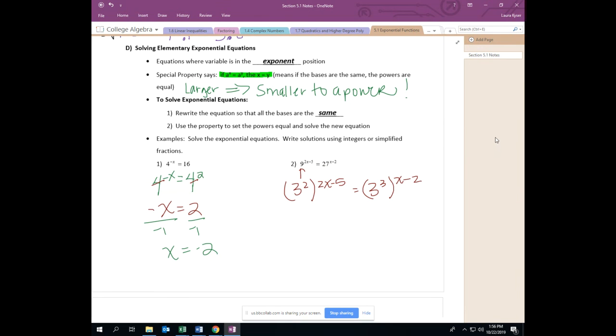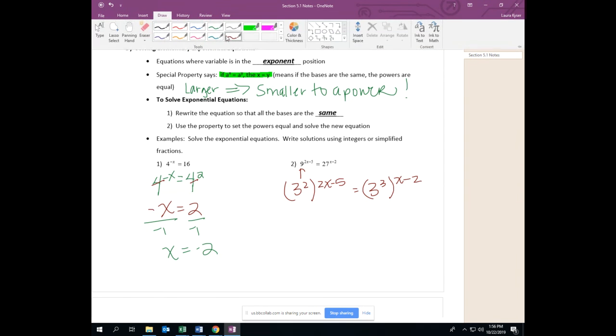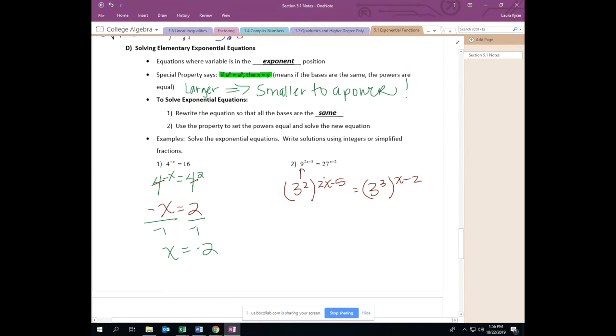Now, the bases are the same, but before I drop them, I'm going to simplify these exponents because it doesn't look right like that. So we have to think about our power rule. The power rule says that when you have a power being raised to a power, you multiply the powers together.